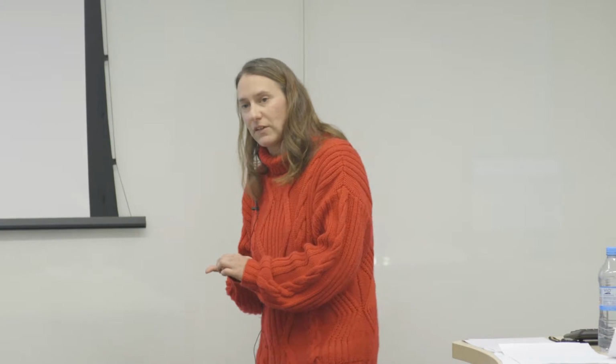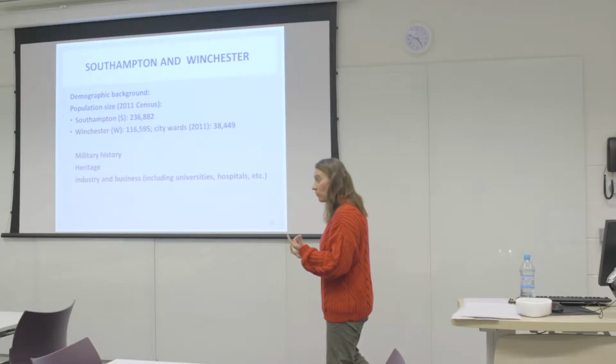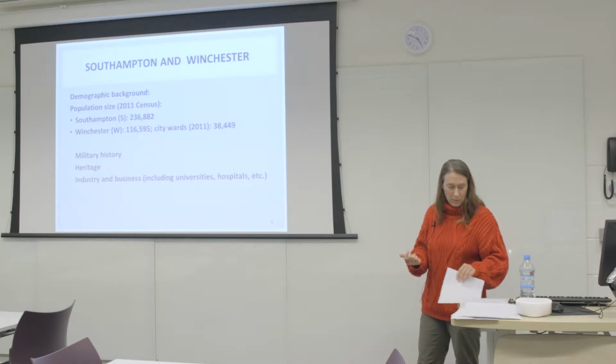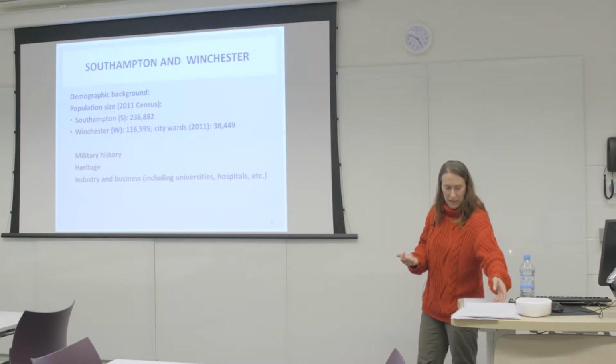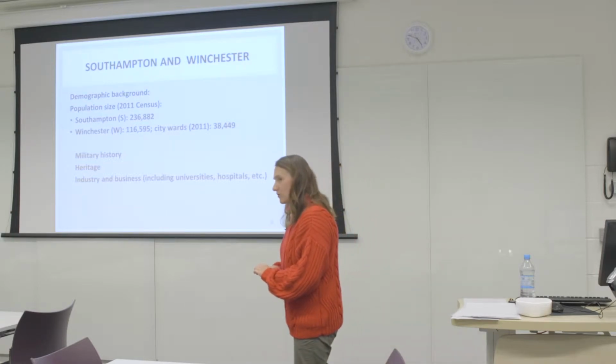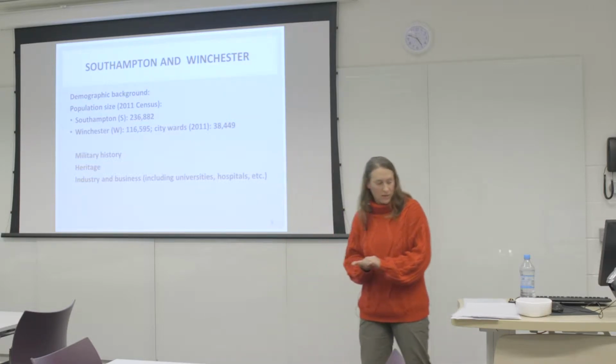You have the excavations relating to Alfred the Great, which the university was involved in and featured quite prominently in the news. So there's a different type of heritage that's being marketed as well. And we will see that shortly. So that's the background to the locations.